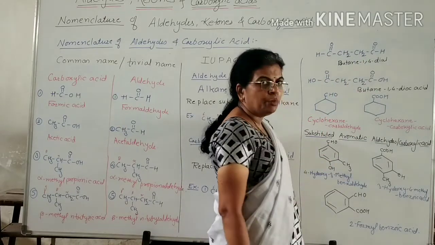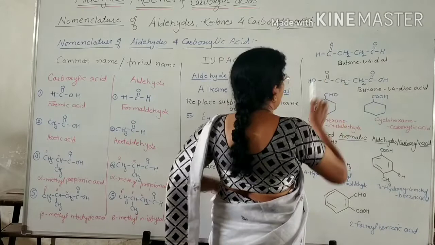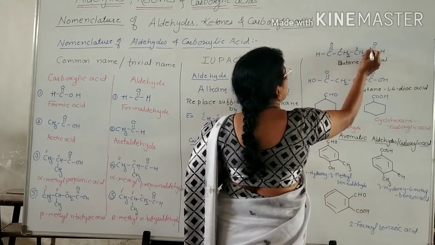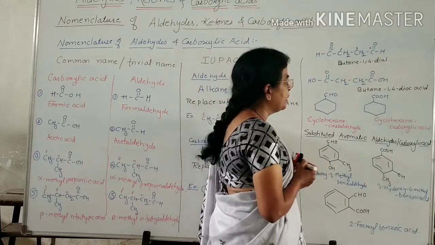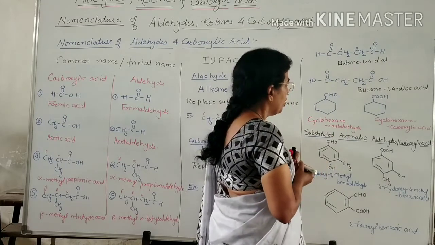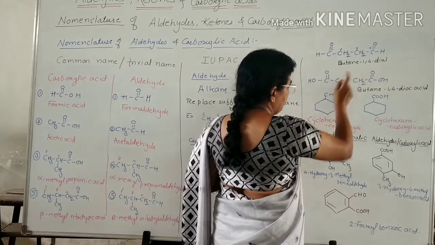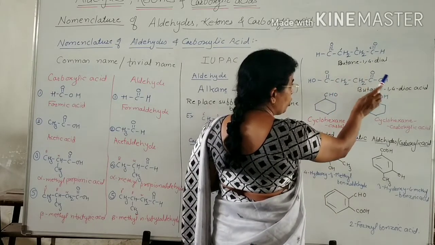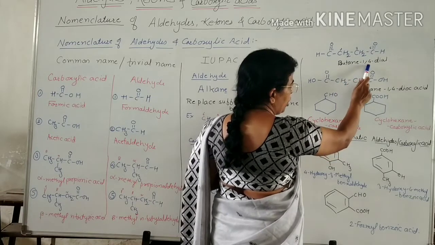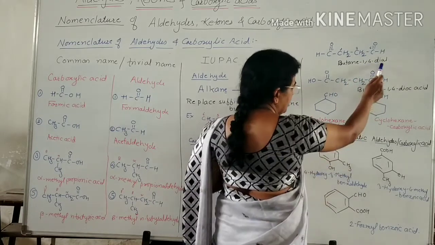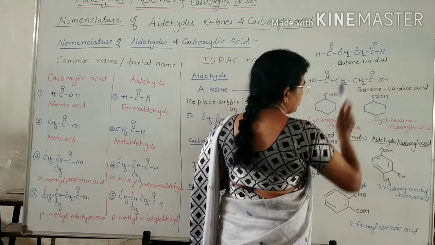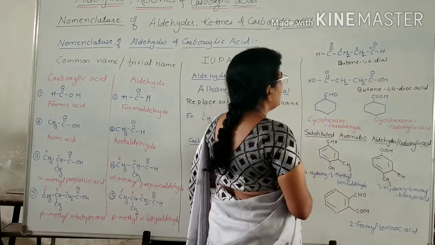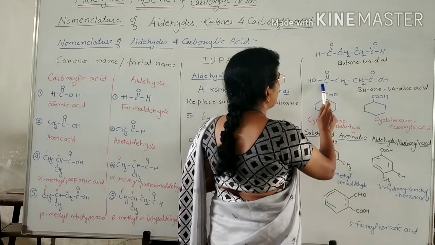Therefore parent alkane is butane, and at 4 position there is aldehyde group. That is, there are 2 aldehyde groups. Therefore the name is given as butane, B-U-T-A-N-E. Now E is not removed. Butane 1,4-dial. Di stands for 2, AL stands for aldehyde. Butane 1,4-dial.